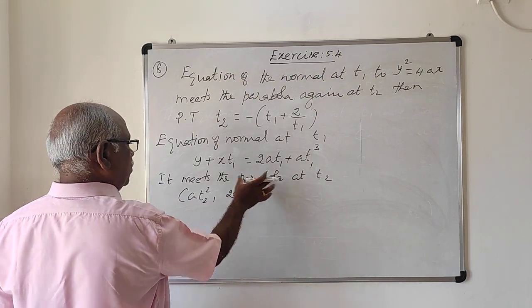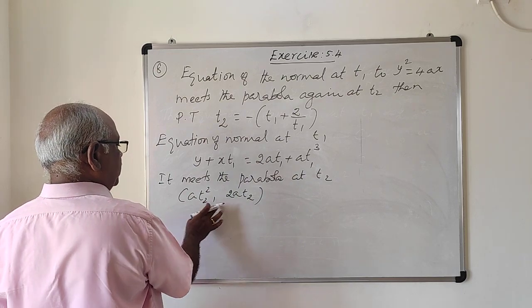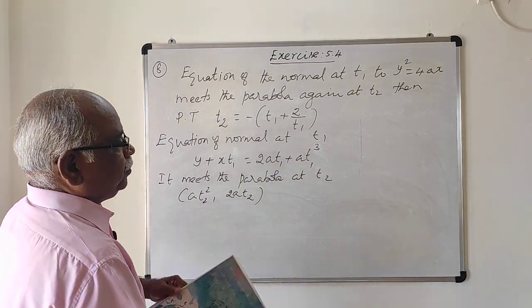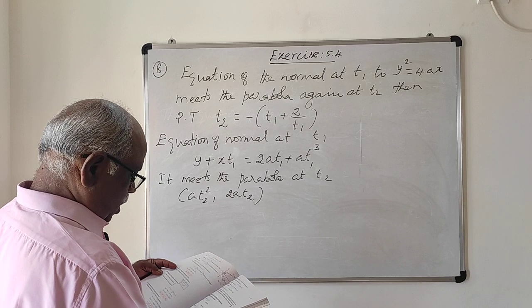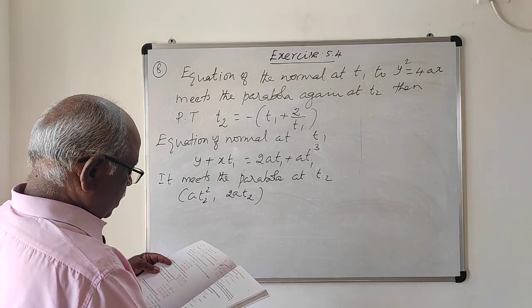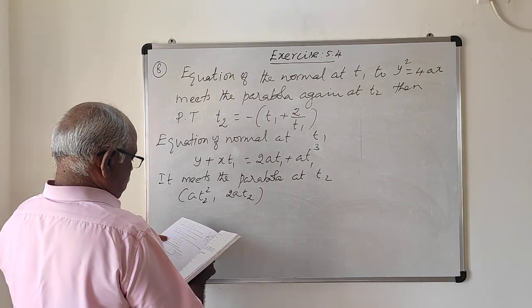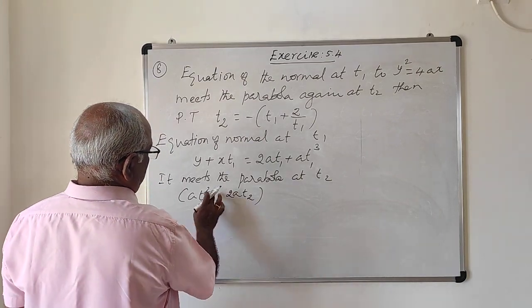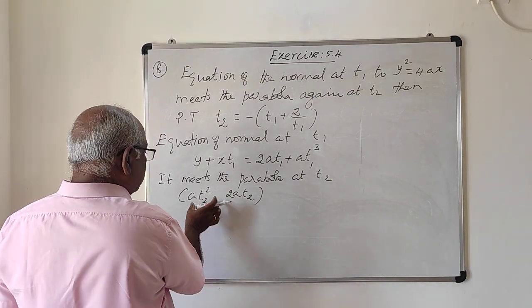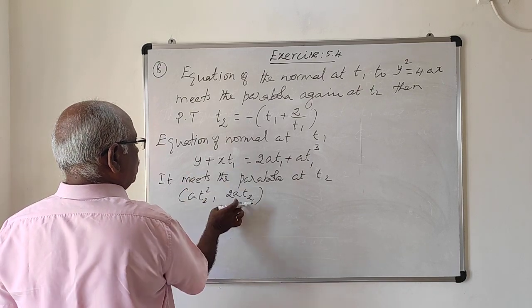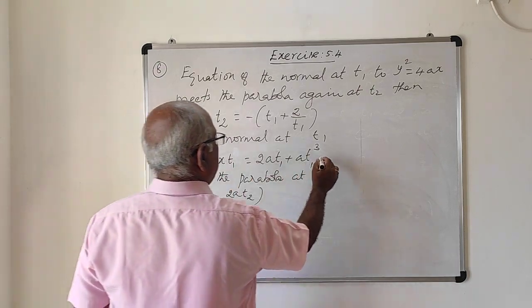It meets the parabola again at the point t2, that means (a t2 square, 2a t2). Now substitute x equal to a t2 square and y equal to 2a t2 in equation 1.